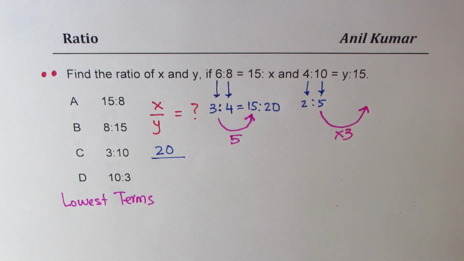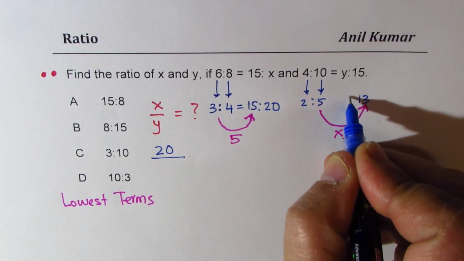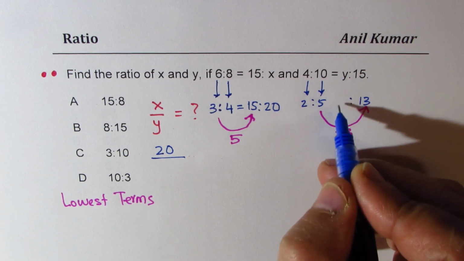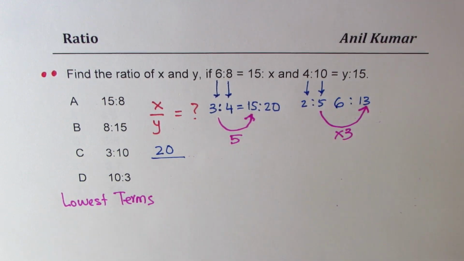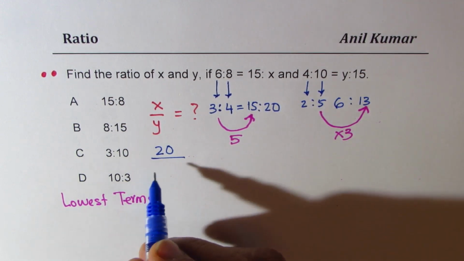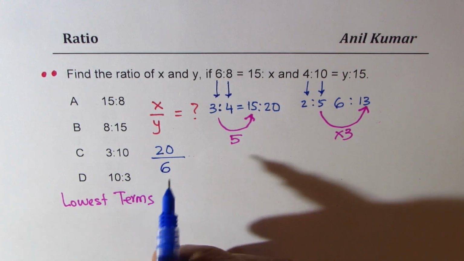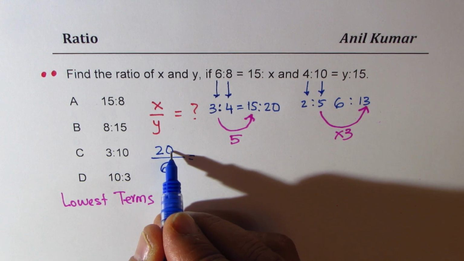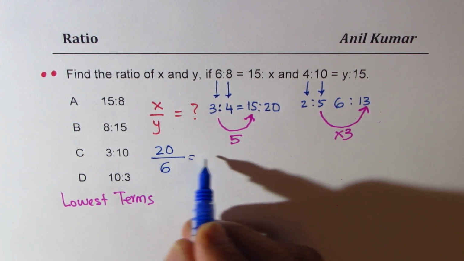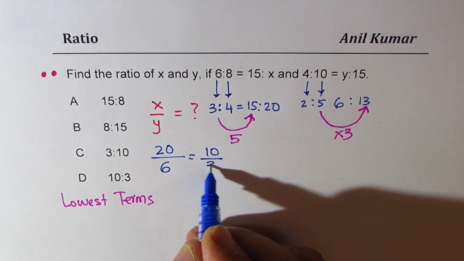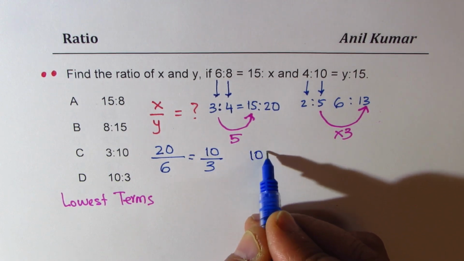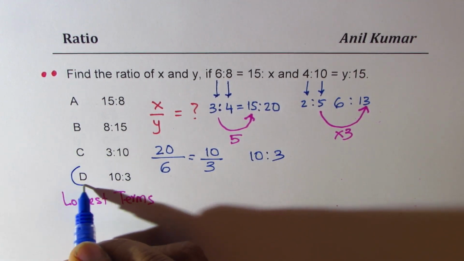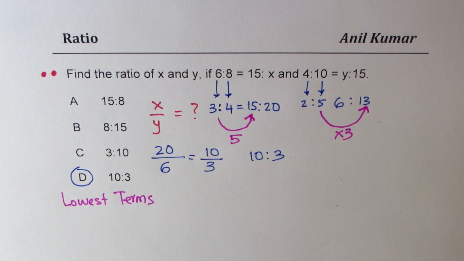We'll do 2 times 3 and we get 6 here for y. So the numbers which we're looking for are 20 over 6. We could simplify this. Dividing by 2 gives us 10 over 3, which is the same as 10 is to 3. So we get D as our option.